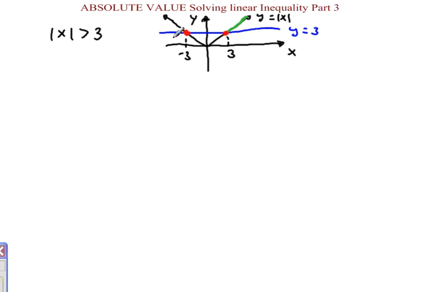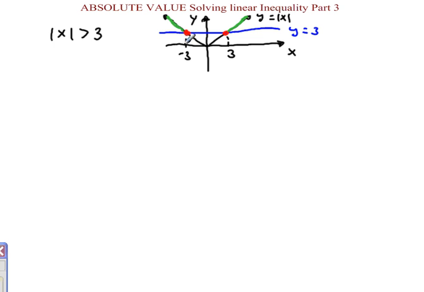So this portion going up, not including negative 3 and positive 3, because you have to be greater than 3, not equal. So hold on, don't include negative 3 in your statement. What will be the domain that would make this possible?